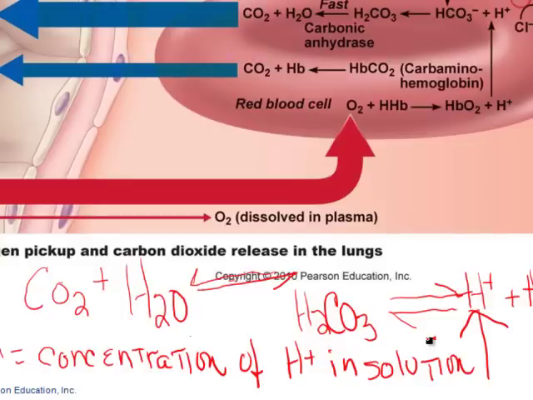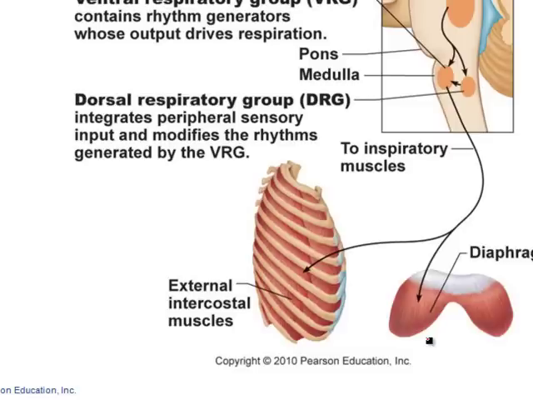So who's going to control all of this wonderful stuff? First of all, how do I know what's going on in blood? What do you think is going to be a big key factor as far as respiratory gas concentration? What's going to kind of be the chemical cue, maybe, to the guys who are responsible for monitoring all this stuff?